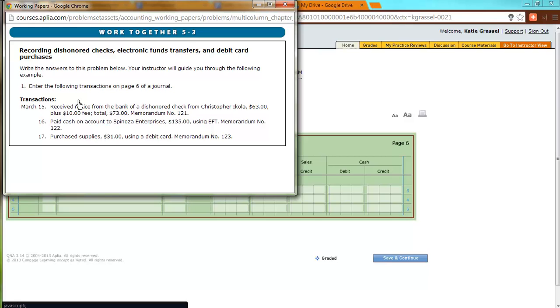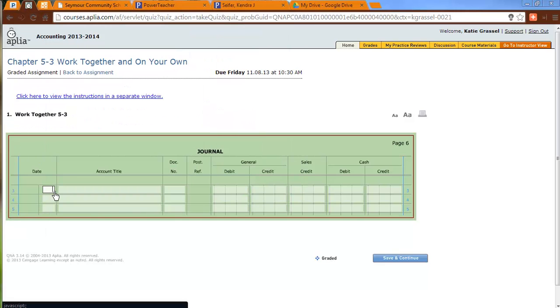So we're going to do that on line 3 of our journal for March 15th. So put in the 15th. Because we're actually starting on line 3 of the journal, they're saying, don't worry about it, other transactions have happened before.